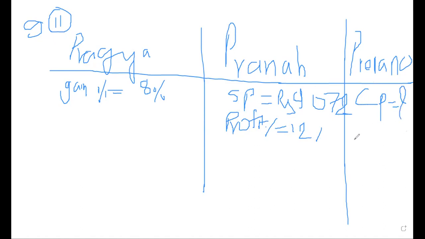Prerna. Okay. Now here you will find out what? Look there. How much did Pragya pay for the camera? That means here we don't need to find this for the Prerna one. We need to find here one.